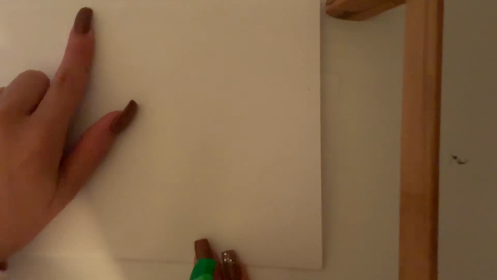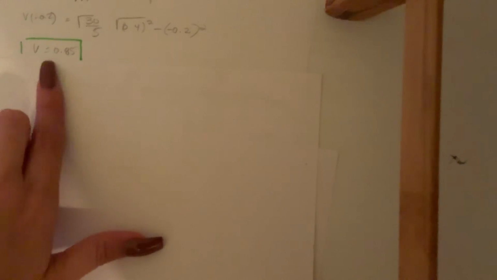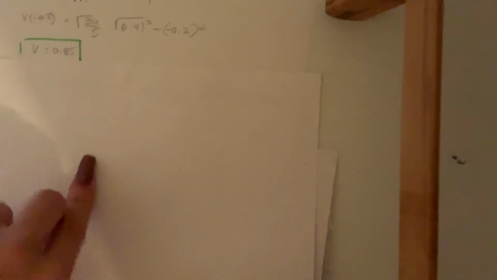We plug into the formula: x is the position, k is 30, m is 5, the amplitude is 0.4, and xP is this. We do that, and we got v equals 0.85.